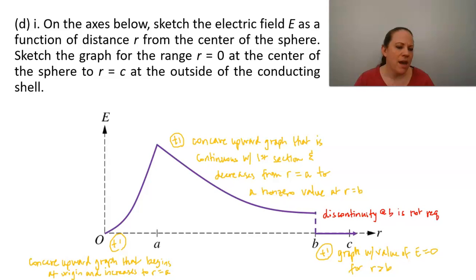So it's okay if you just showed electric field equals 0 for points beyond B without that drop, but you can't have the electric field at R equals B equal to 0.